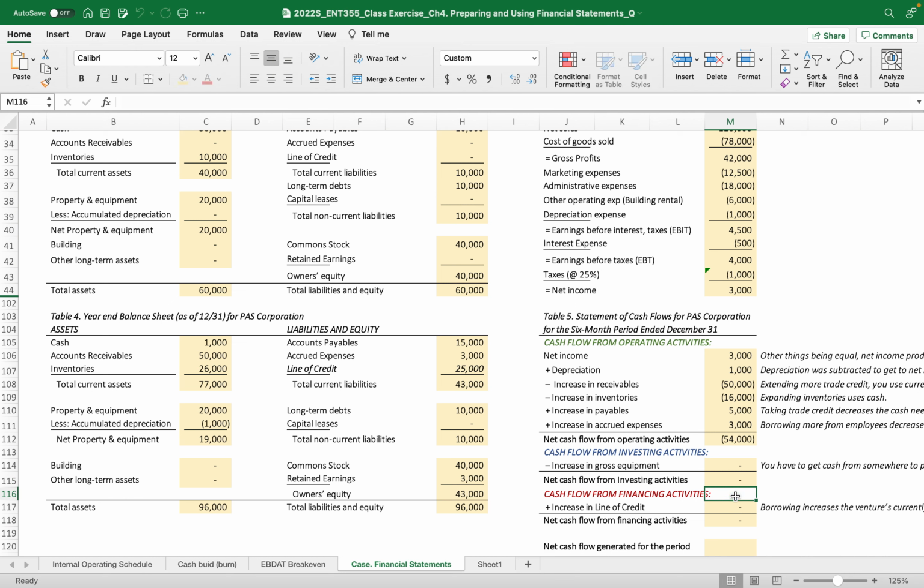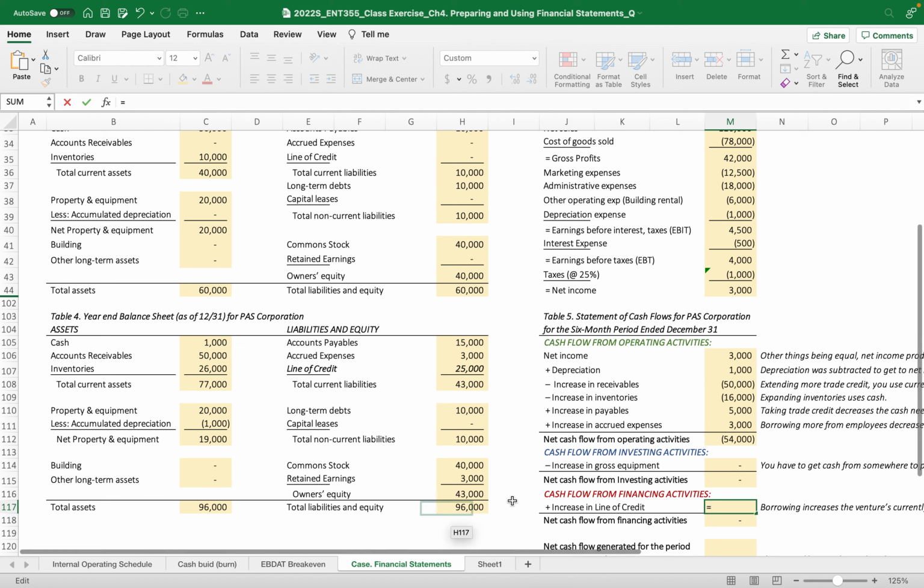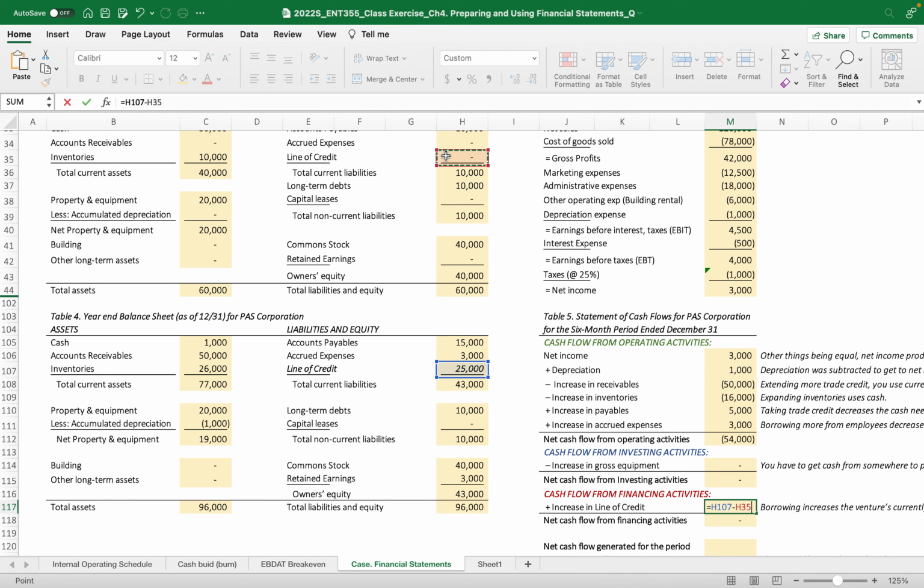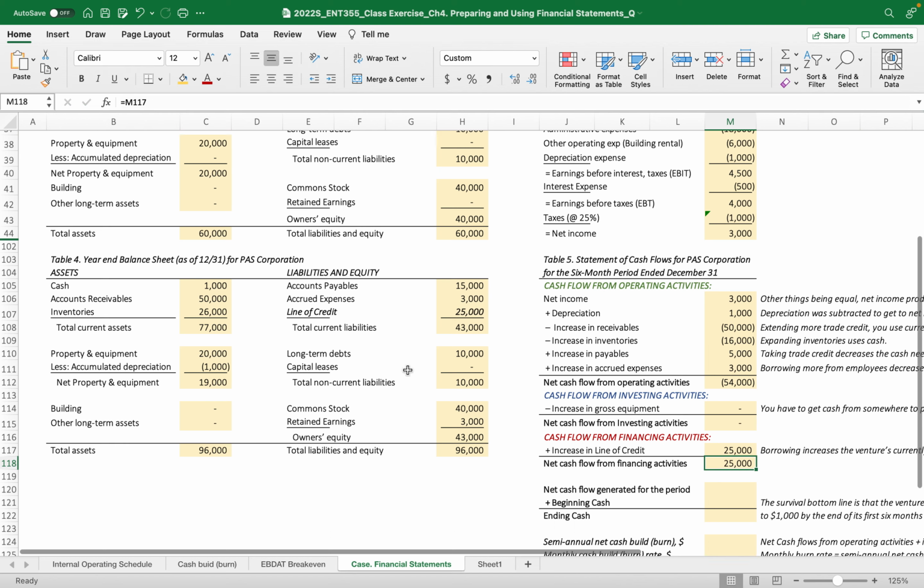Where is the line of credit? Increase in line of credit, right? Exactly, the company borrowed money.